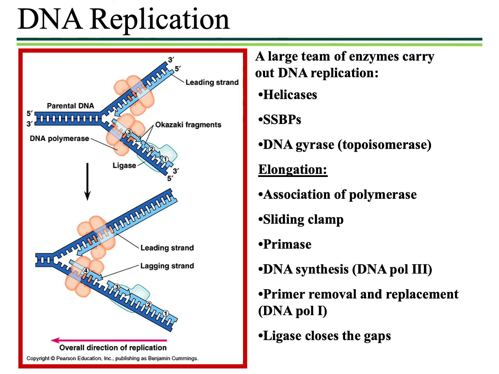So what has to happen is every single place that there is an RNA primer, it has to be removed and filled in with DNA. There is a special DNA polymerase that does this, and it is known as DNA Pol 1 or DNA polymerase 1. Lastly, there is an enzyme known as ligase, and ligase closes up the covalent linkage between Okazaki fragments, for example. And that is the DNA replication process in a nutshell.